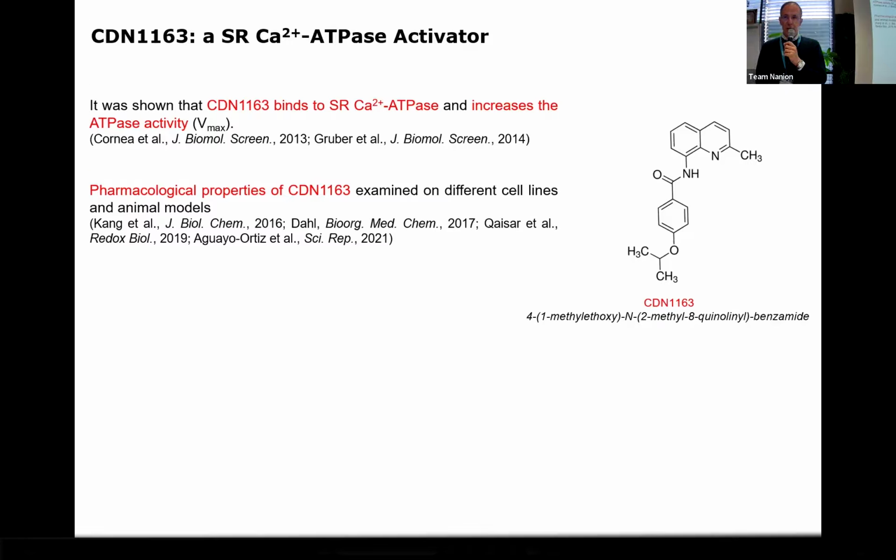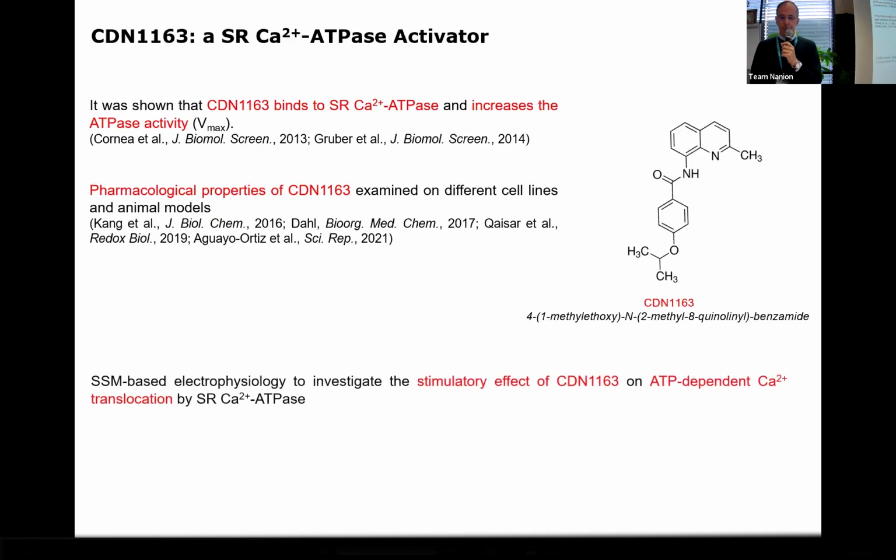It is worth mentioning that CDN1163 was tested in a selectivity screen to evaluate its effect on various ion pumps and channels, and was found to be only active towards SERCA. And therefore, we employed the SSM method to study the stimulatory effect of CDN1163 on ATP-dependent calcium translocation by the sarcoplasmic ATPase.